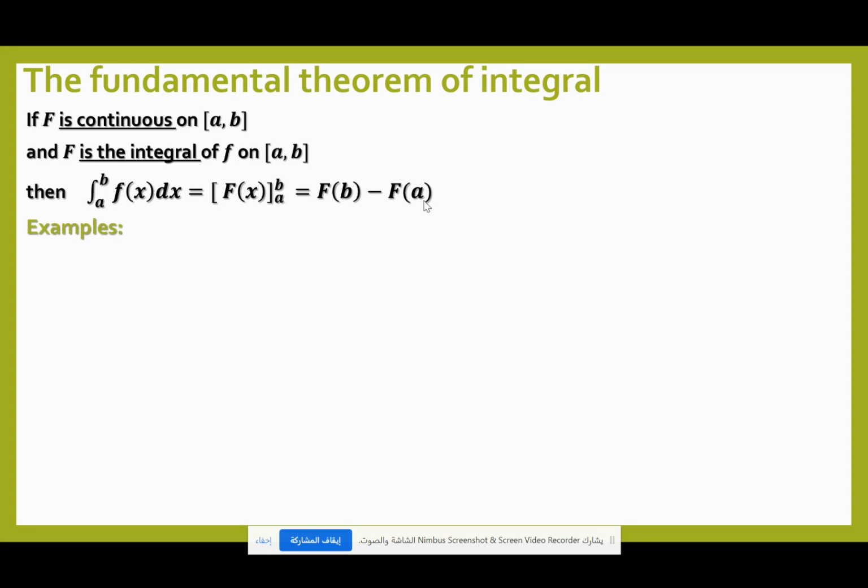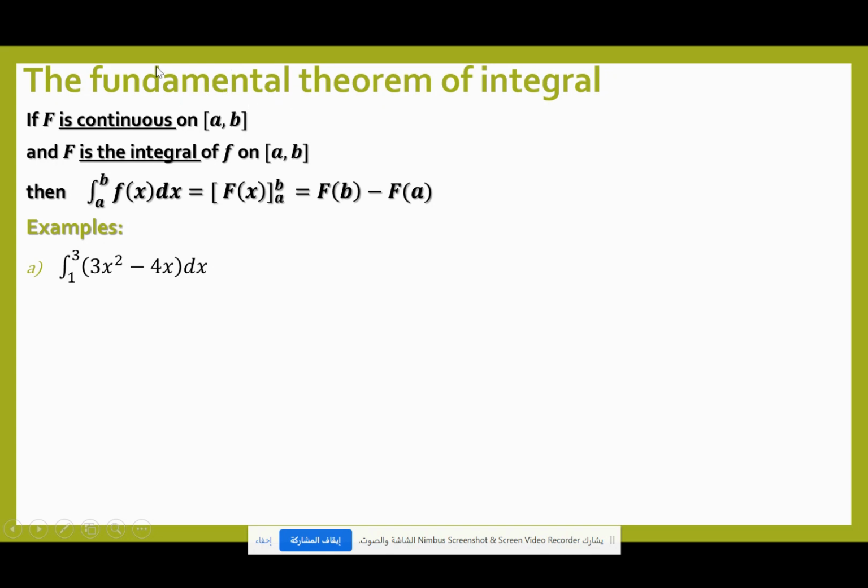Let us see some examples to know how to deal with it. The integration from 1 to 3 of 3x squared minus 4x dx. If you want to evaluate it, you will think about whether to use the definition of definite integrals, which means using the limit when n approaches infinity of the summation of delta x times f of x, or to use the fundamental theorem.